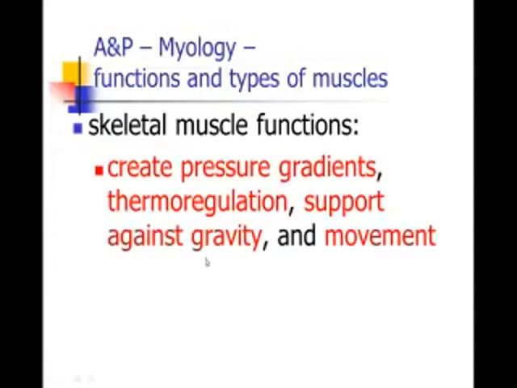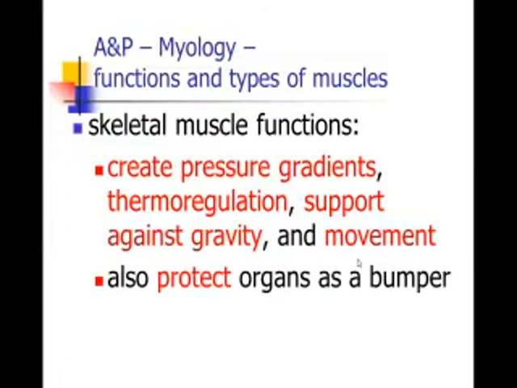Okay, so functions for skeletal muscle. Skeletal muscle performs all four functions. It creates pressure gradients. It is responsible for thermoregulation when you're cold. It helps support us against gravity by keeping the bones in the appropriate places, and it also is responsible for movement. So skeletal muscle is the big factor in all of these different things.